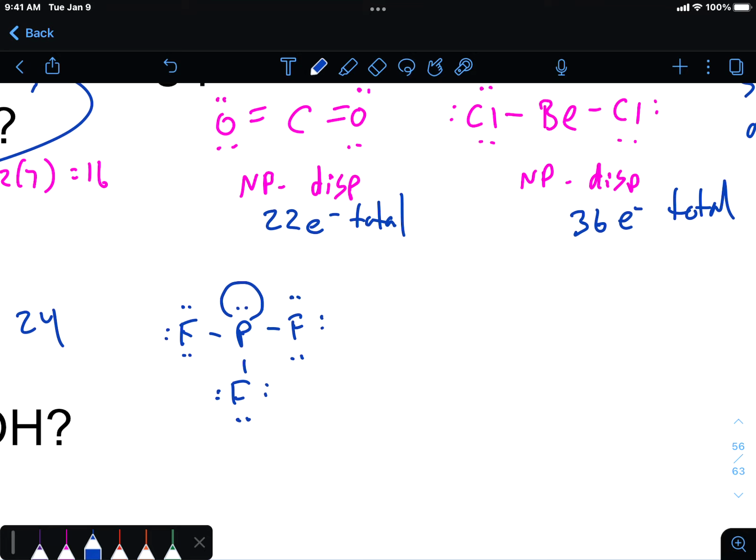So that's 26. Okay, so right away, the lone pair means that we have a shape that is asymmetrical, and that's going to be polar. And specifically, it's going to be dipole.